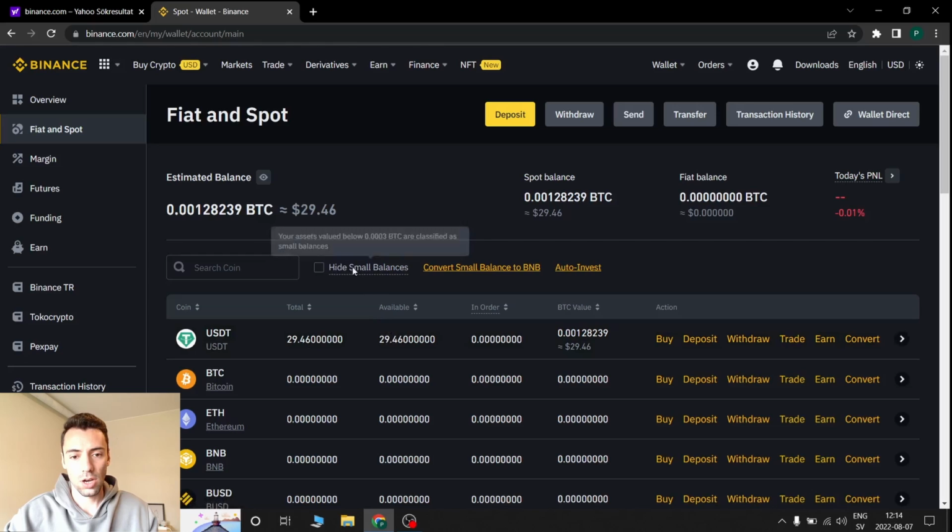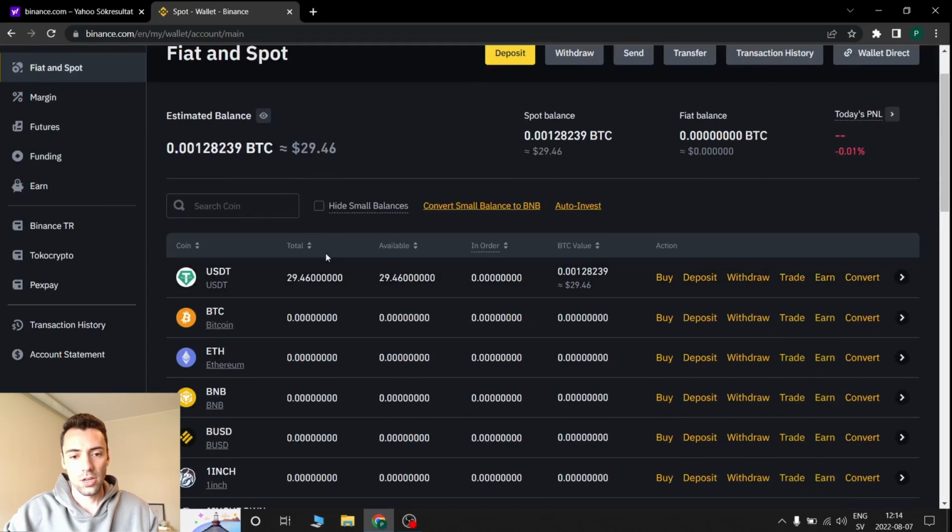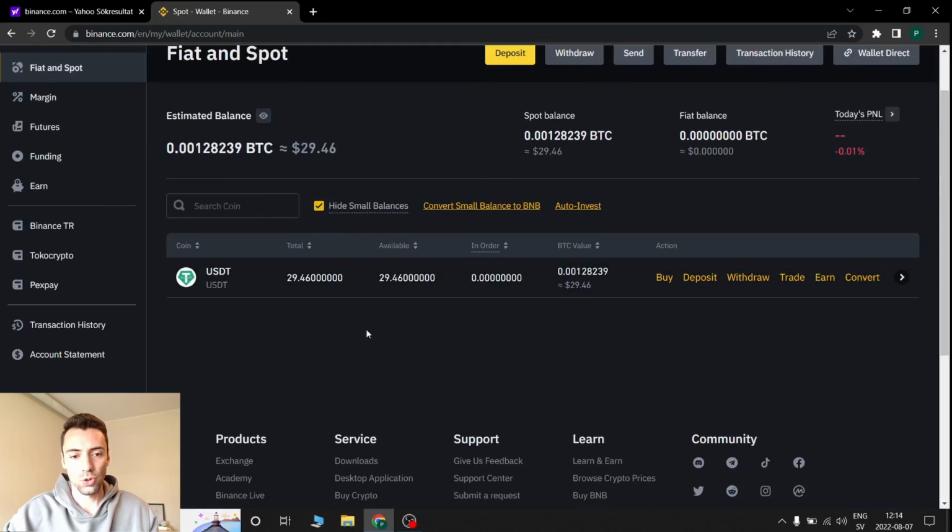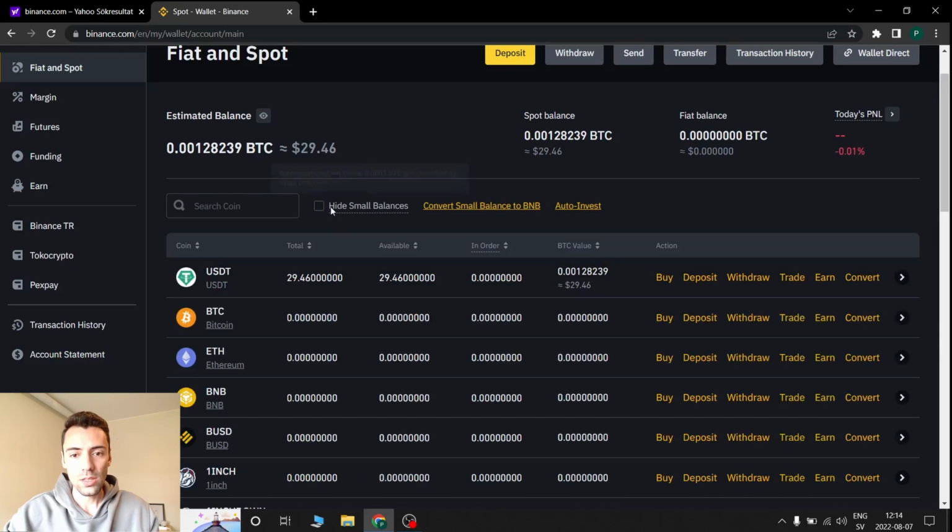You can also hide the small balances, which is actually not showing me anything else, if I don't have anything. And for example, if you have 1 cent of Bitcoin, or 1 cent from every other thing, you can convert small balances to BNB.